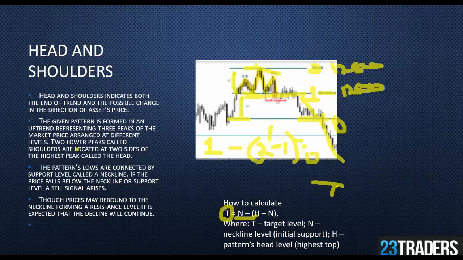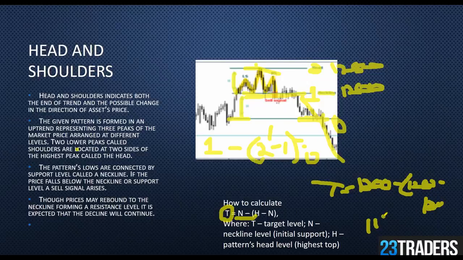Our target would be T equals 1,200 minus 1,250 minus 1,200, which would give us 1,150. So our target, if this was gold, would have been for gold to fall down to 1,150 in its trend. And this is the target that we're looking for to set our take profit point as we enter.